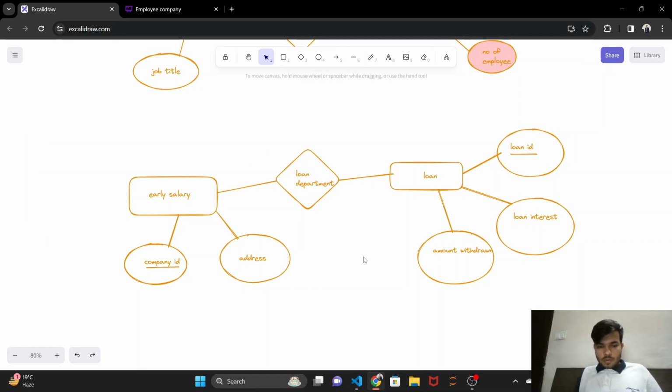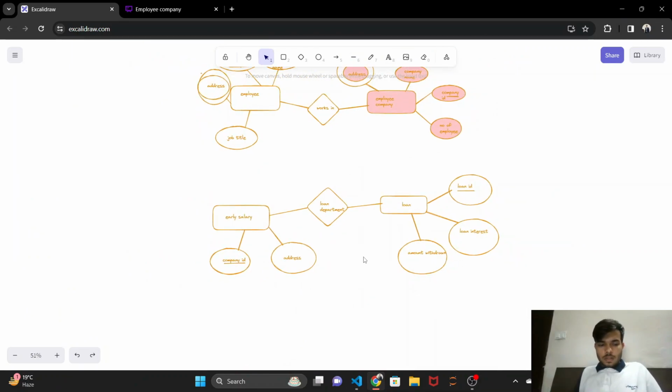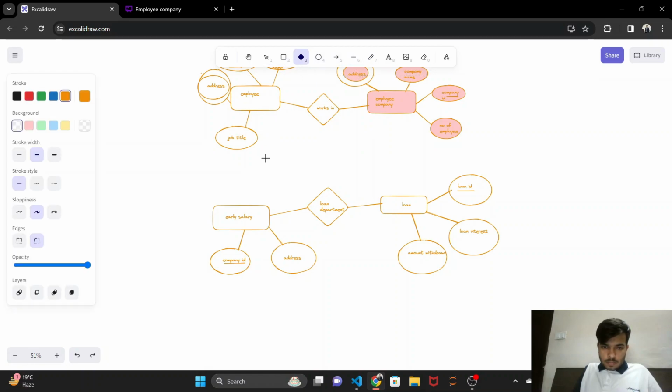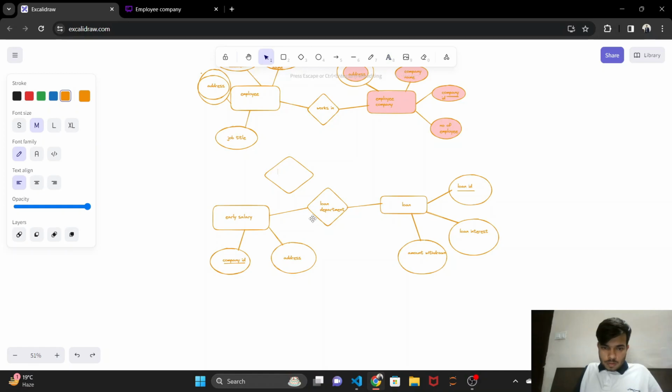As we are done with four of our main entities, we have to associate this employee entity with early salary, as these will be in direct touch, of course. So this is associated with early salary.